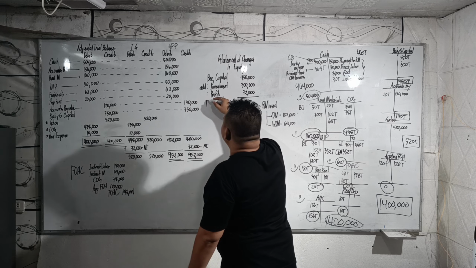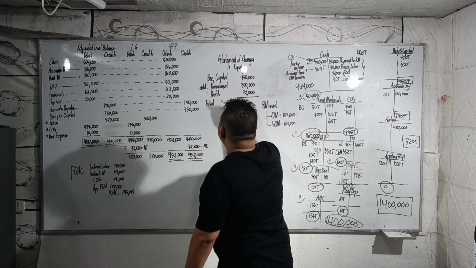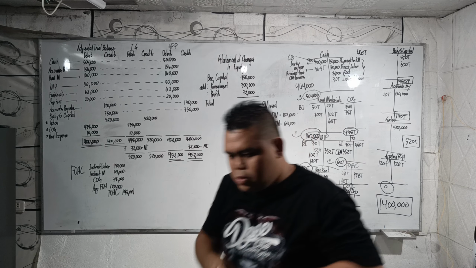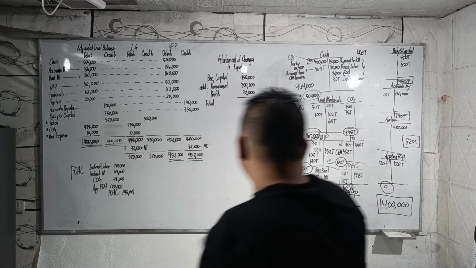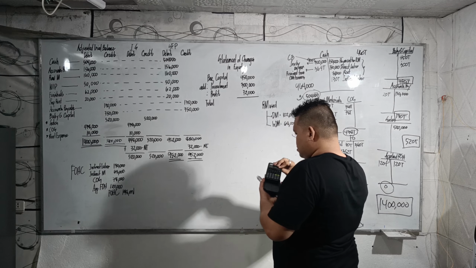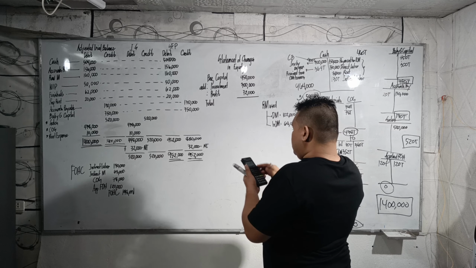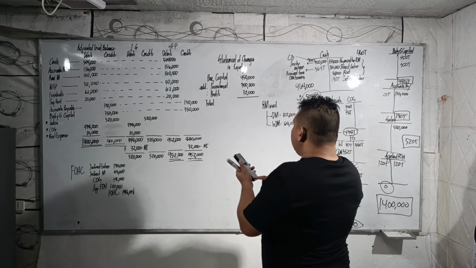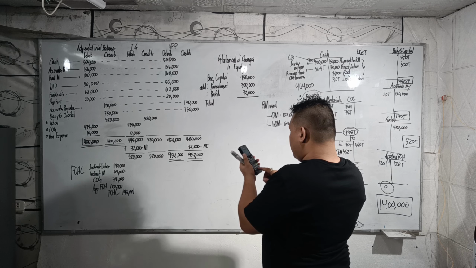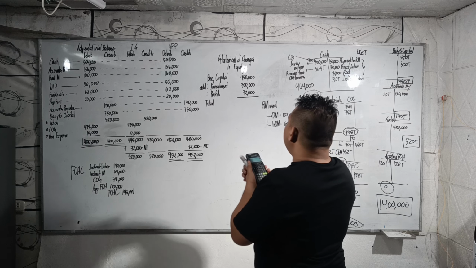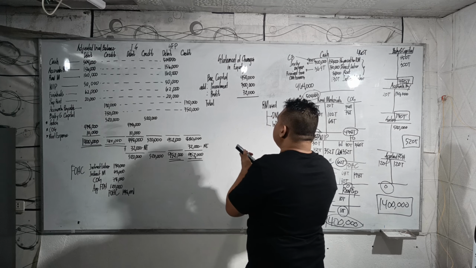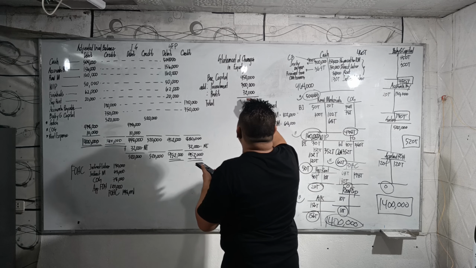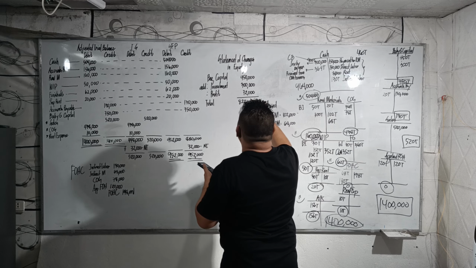So that's 72,000. So we can get the total. You have 450,000 plus 300,000 plus 72,000. You'll have 822,000.